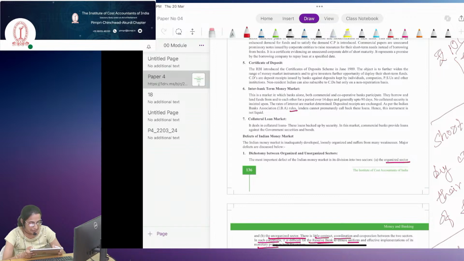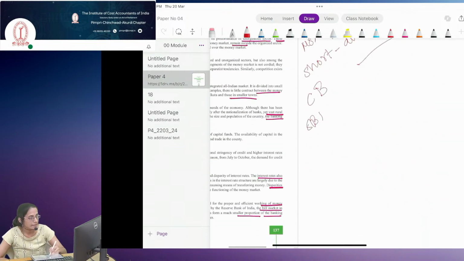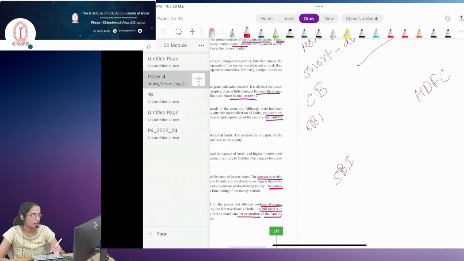What they are saying is that lenders cannot prematurely call back these loans. Suppose I am State Bank of India and this is HDFC Bank. In the interbank market, I required some funds for a short duration like 14 days. So I approached HDFC Bank and HDFC Bank gave me those funds for a 14-day duration. Now, once HDFC Bank has given me, suppose, 20,000 rupees for 14 days, after 14 days I will pay back HDFC Bank this amount.